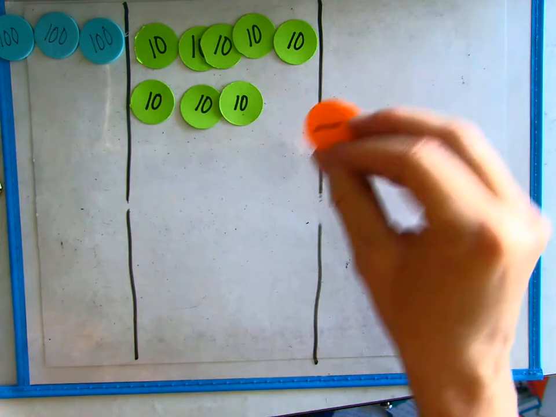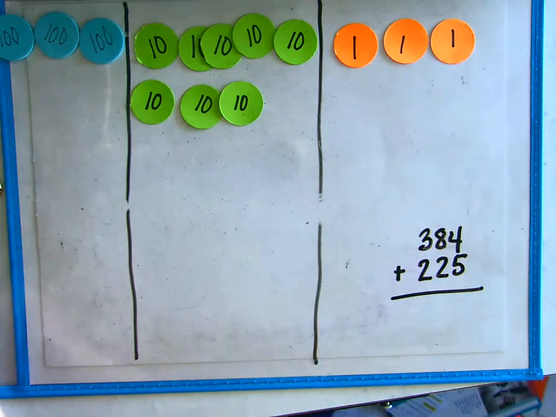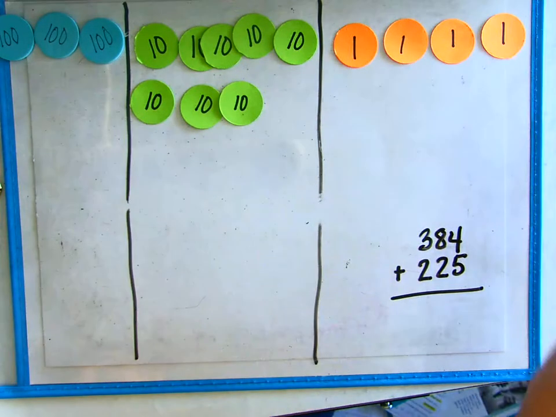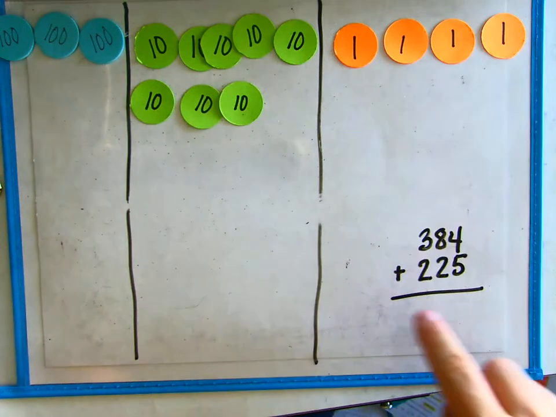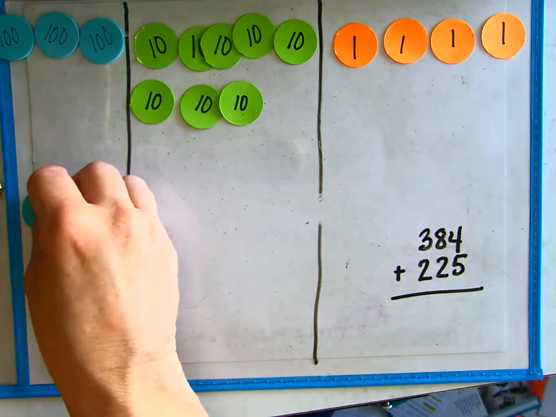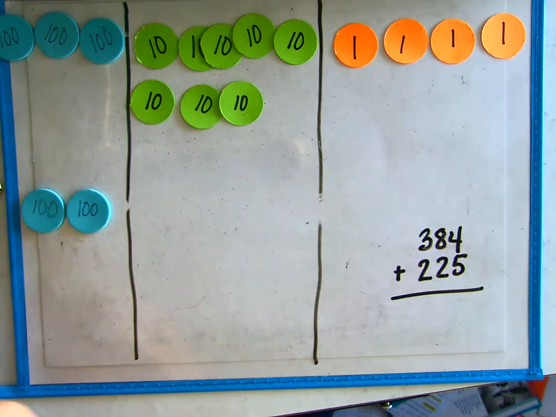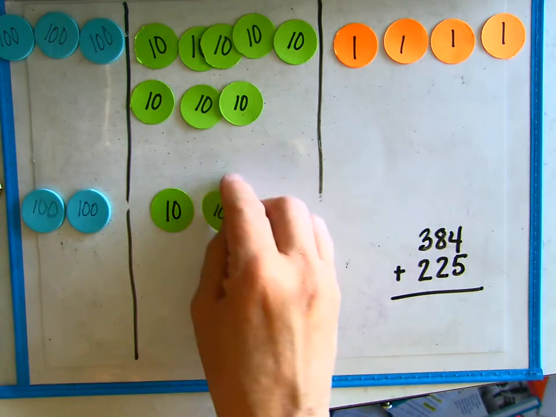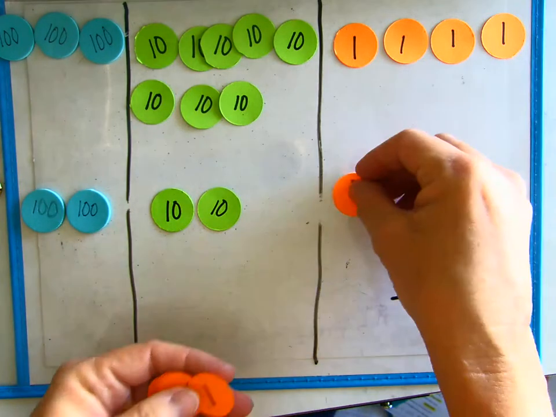We need 4 ones. 1, 2, 3, 4. We're going to add in 225. Make sure you're writing your vertical form in your book while you're doing your place value discs. So now we have 2 hundreds, we need 2 tens, and we need 5 ones.